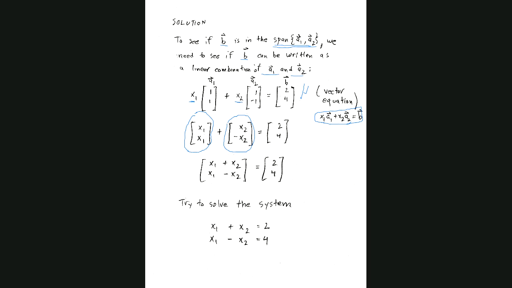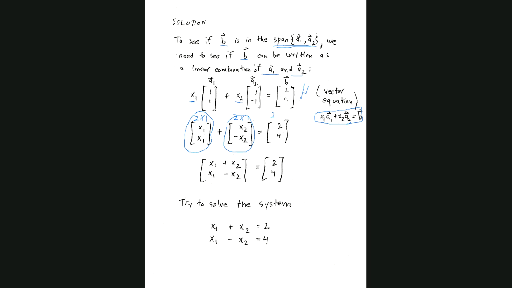What are the dimensions? 2 rows by 1 column. I understand what you're saying. You're thinking of combining them. Okay, all right, good. So they're all 2 by 1 vectors.